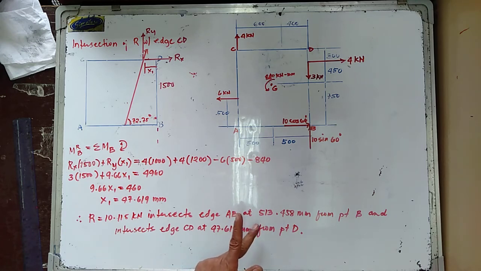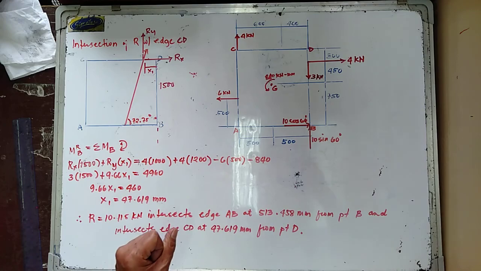Again, 513.458 millimeter from point B and 47.619 millimeter from point D.